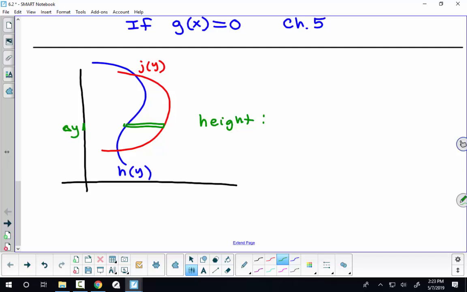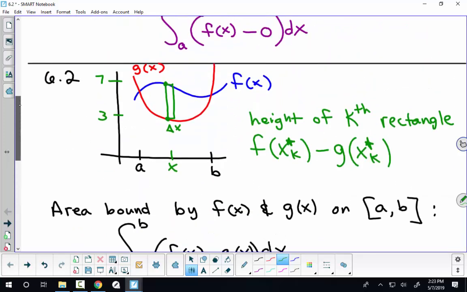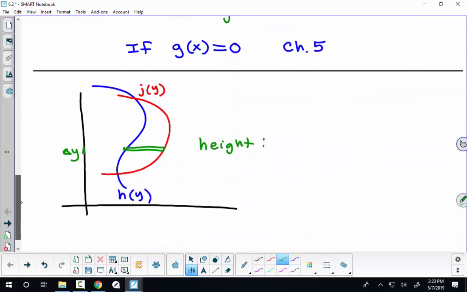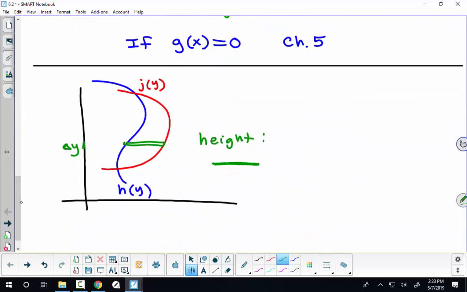Kind of. But notice here when we're looking at this in terms of x, and we wanted to know what was the height, we were saying what is the height of this rectangle that goes from 7 to 3, for instance. Now to measure the height of the rectangle, we're asking what is this distance? B minus A? If this were A and this were B, that would be correct. Again, if this were 7 and this were 3, how do we measure that length that corresponds to the height of a rectangle? It's just the right minus the left.